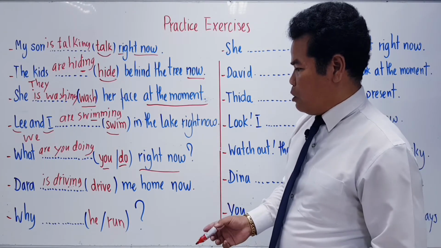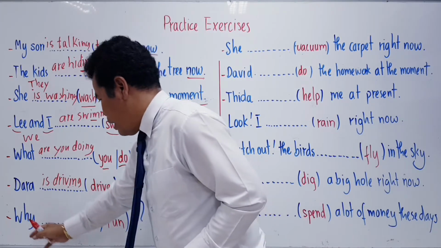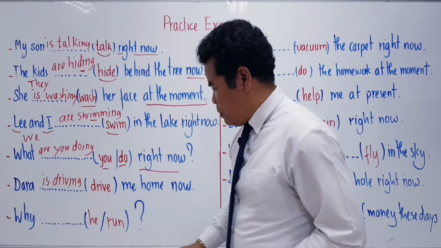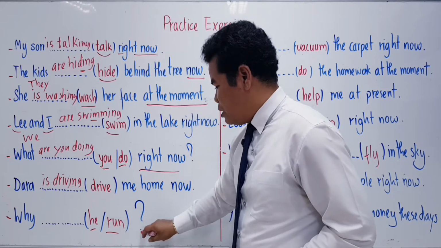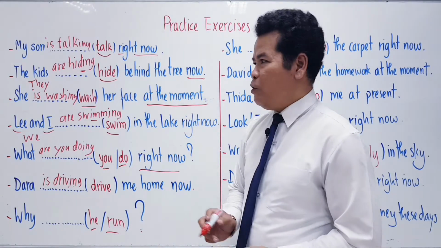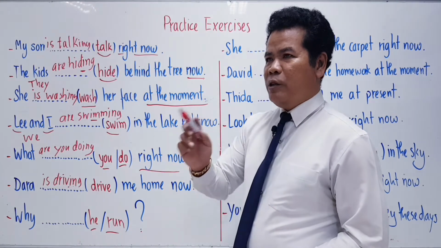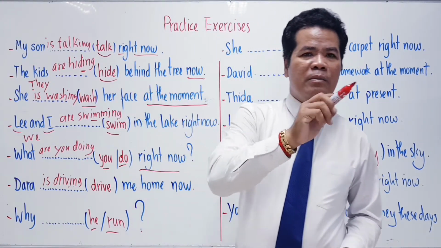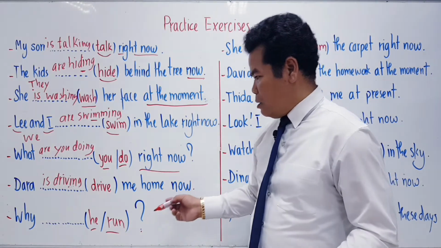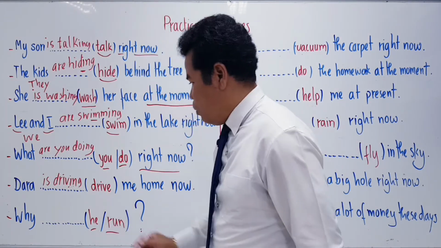Okay? Let's go to the example. Why? And then which one is the subject? Okay? He, and run is the verb. This is the question form. So how do you make question form? By using part of verb to be in front of the subject. So which one is the subject? He. So what do you say?